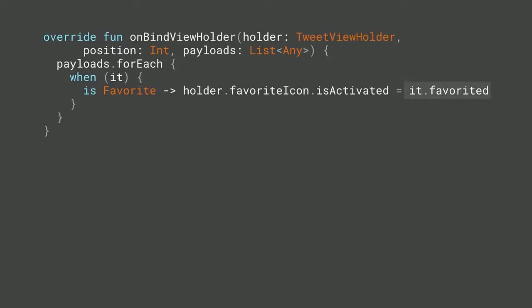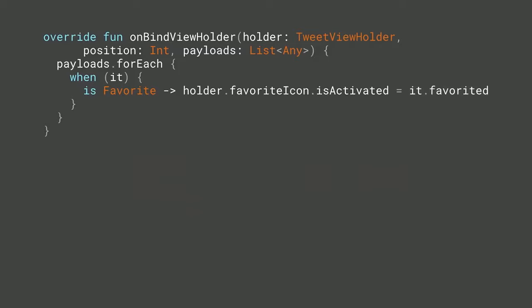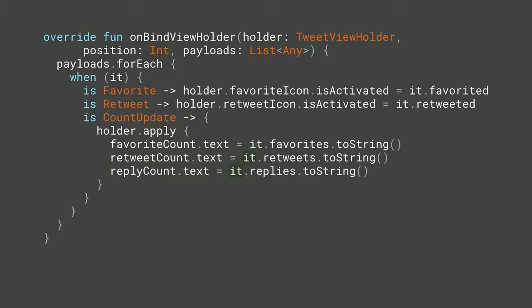So each one can now reference the properties without having to do the explicit cast, because the when expression took care of it. And so we add the other branches, and we get this nice readable payload implementation instead of what we have in Java, which is a bunch of objects and a bunch of manual casting.